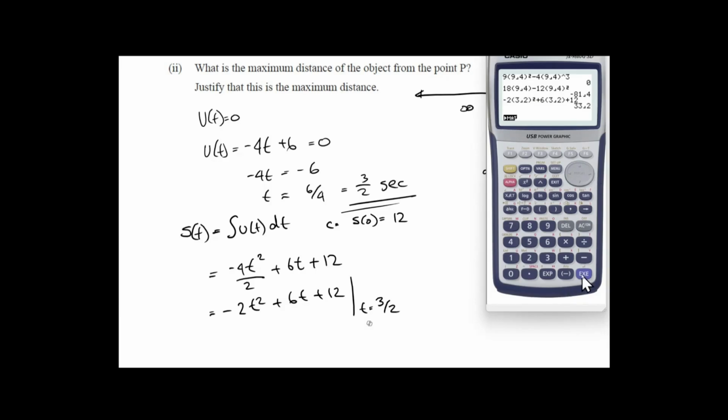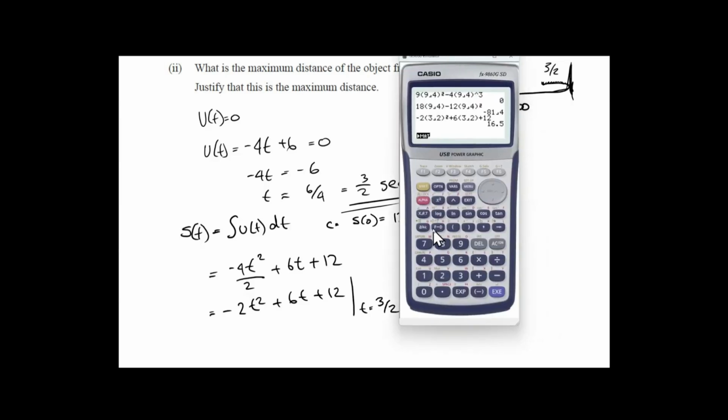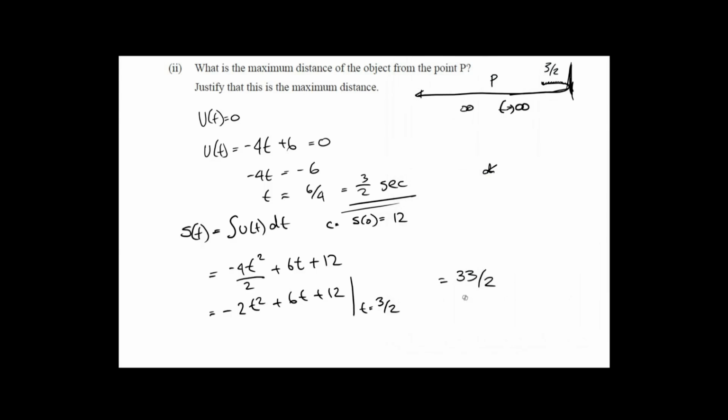That's right, yes. 33 over 2. So the maximum distance is 33 over 2, which is 16.5. Yeah, 16.5 meters.